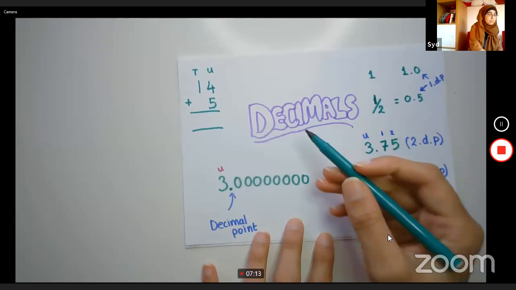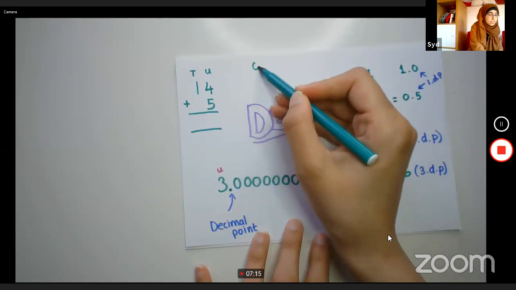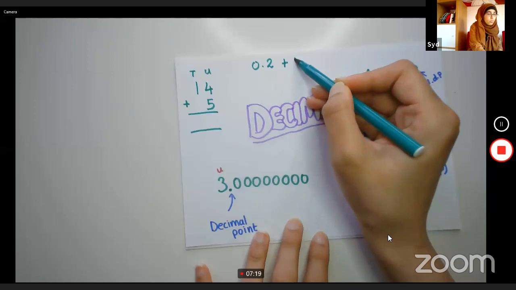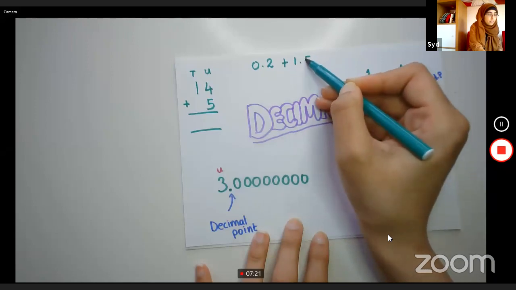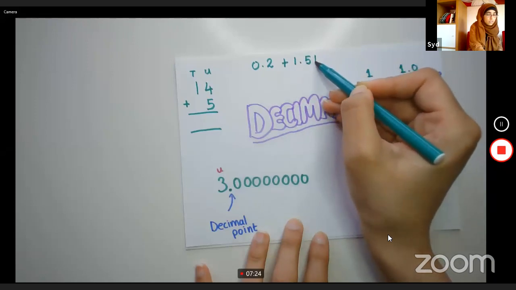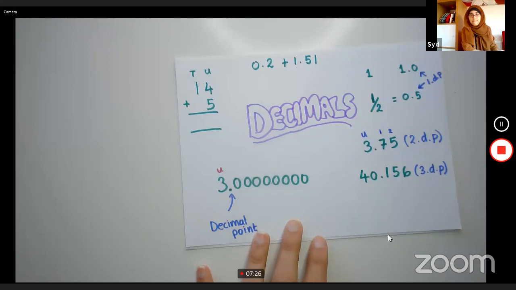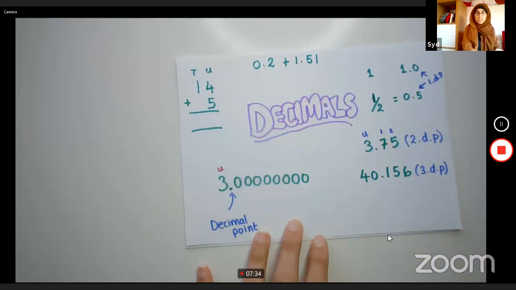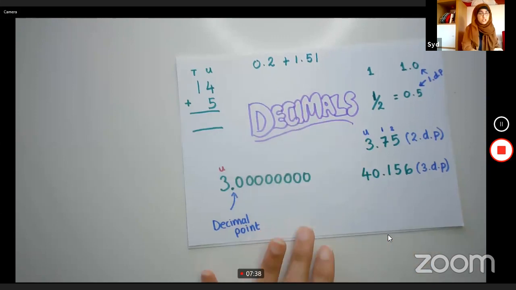Okay, so what we're going to be doing now is we're going to do 0.2 add 1.51. How do we add decimals together? Well, you know the rule when we're adding normal numbers, we have to line up the units. That still applies when you've got decimal places. You need to line up the units.